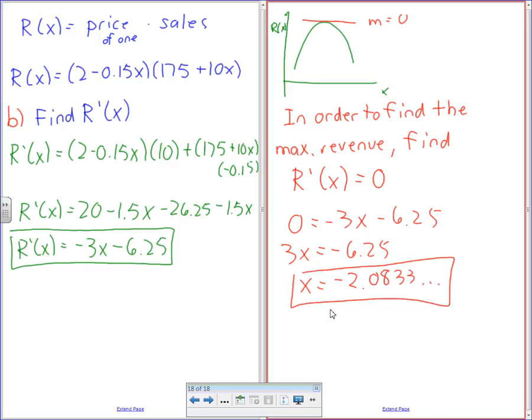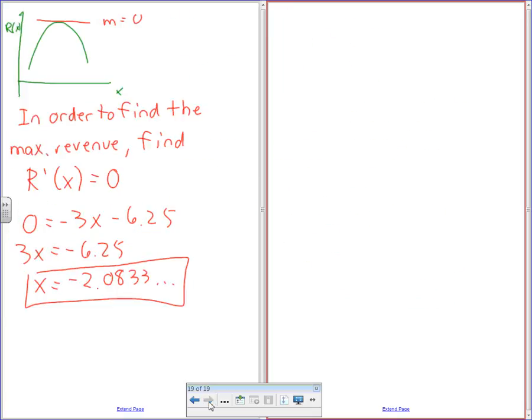Okay, now this is another thing. Hold on, guys, please stop talking, especially if you don't understand this. What does that x value mean? Yes, x is the number of changes, not your price. So what you're going to do is say that your price is equal to, what was it, 2 minus 0.15x, is that right?